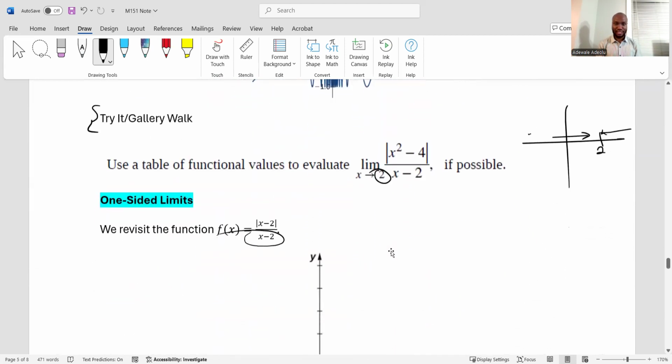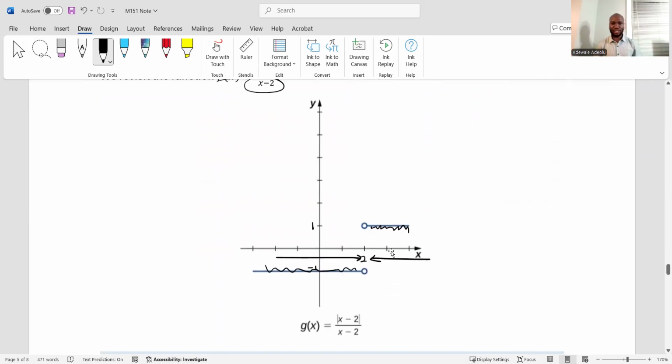That is, in a situation like this, when we look at one side, the value that the function is getting to is different from when you look at it from the other side. This is what we say.